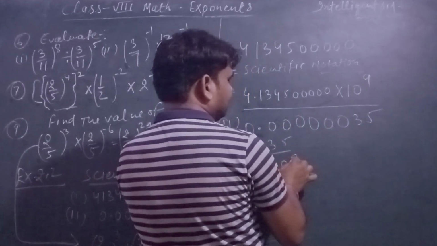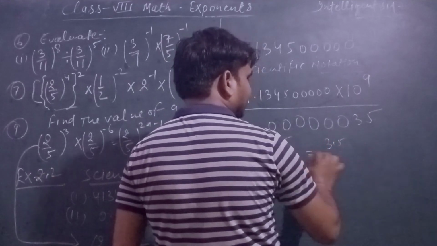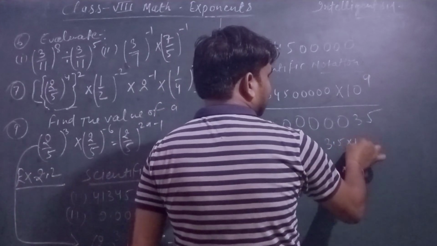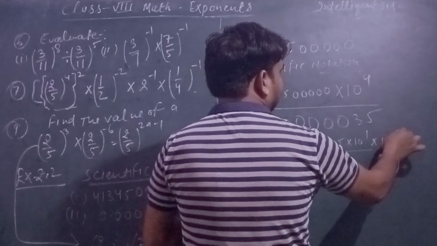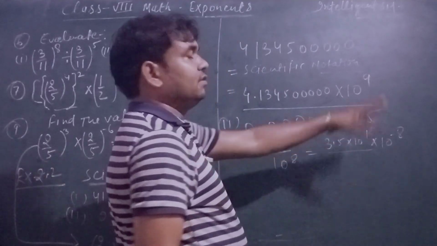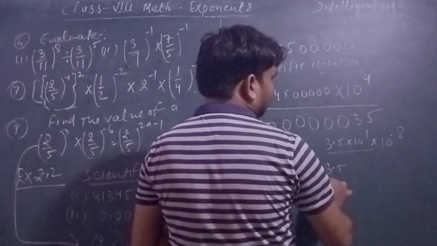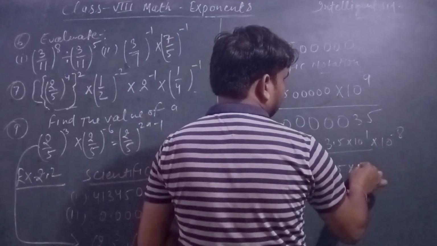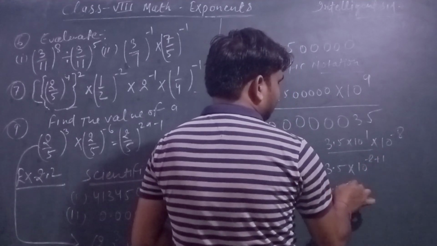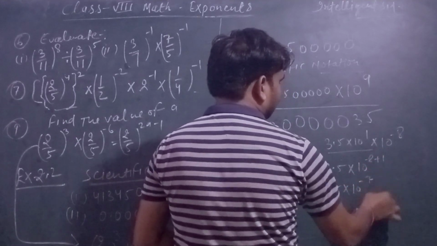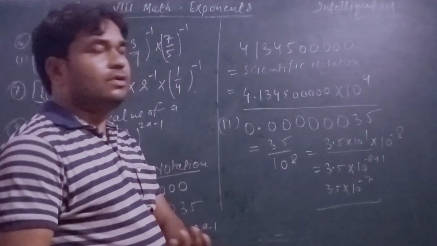So 10 to the power 8. And here we can write 3.5, which means multiplied by 10^1 over 10^8. You can take it above, so we can write this number as 3.5 multiplied by 10^(-8+1), that is 3.5 multiplied by 10^-7. So students, you can write this as scientific notation.